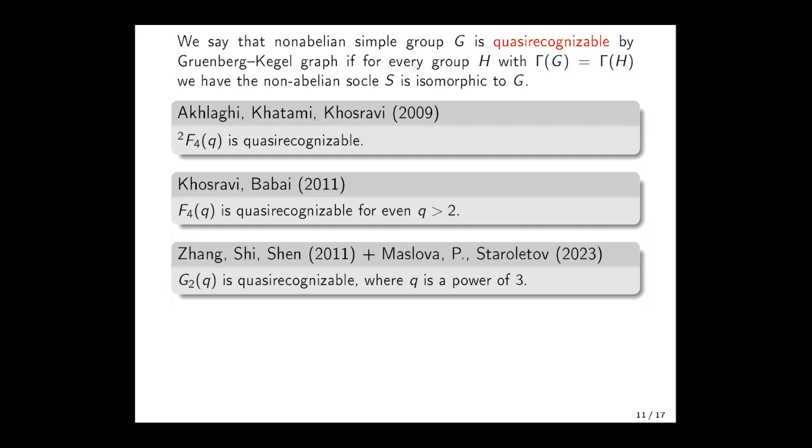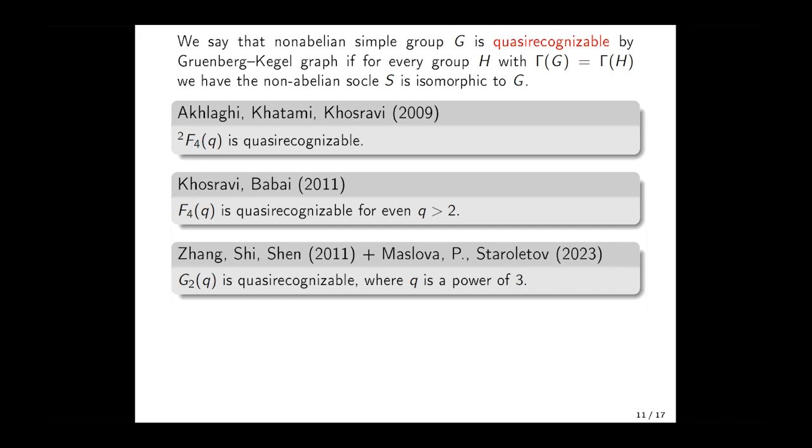Of course, some cases, for example, when the composition factor is isomorphic to E8 or linear groups of small dimension, are quite hard to handle, but I think it's still manageable.